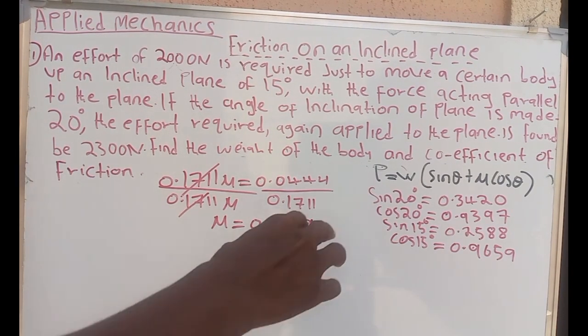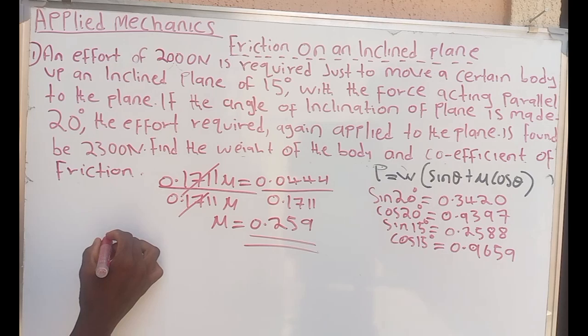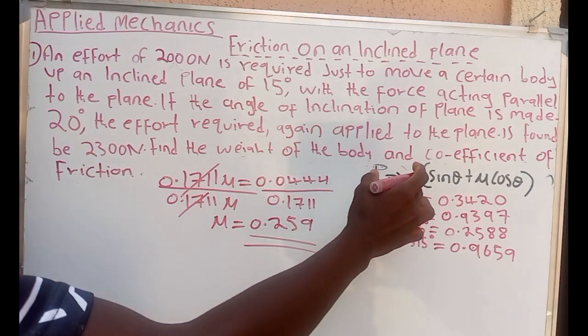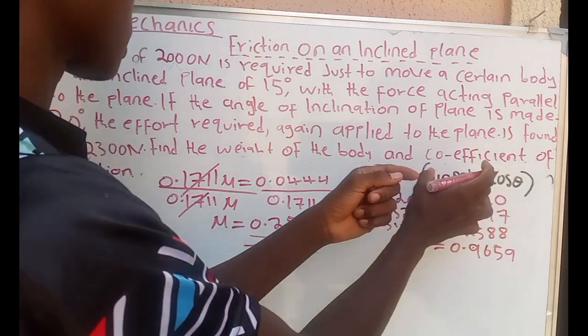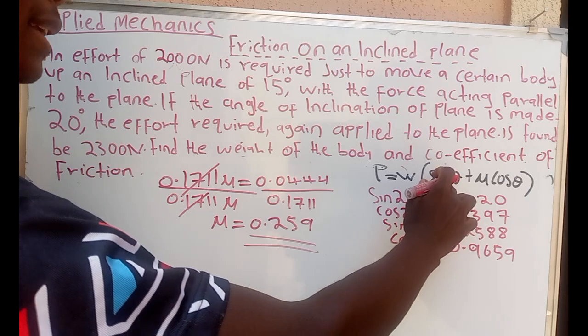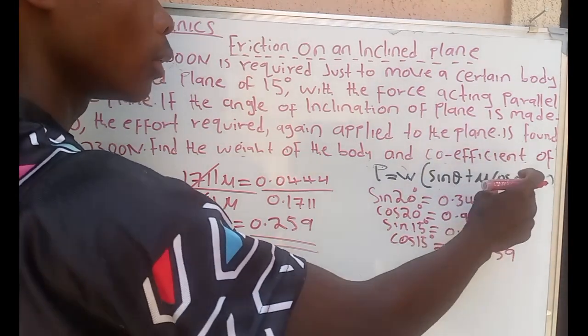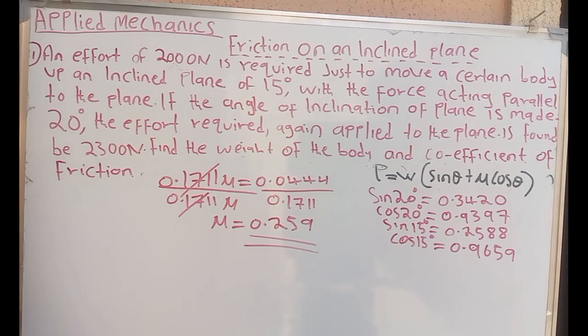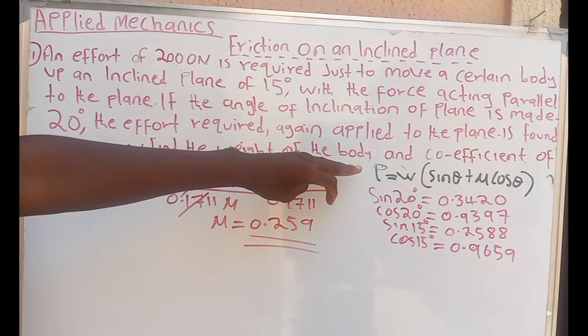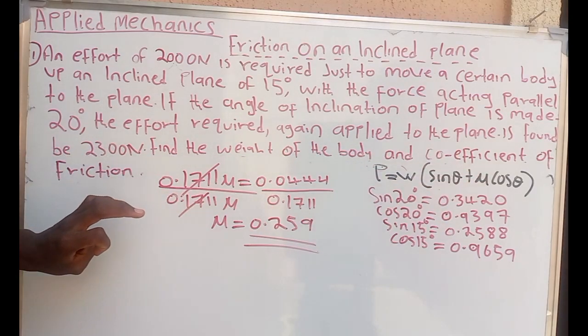So we have to use this formula: P equals W times sine 15 degrees plus mu multiplied by cos 15 degrees.